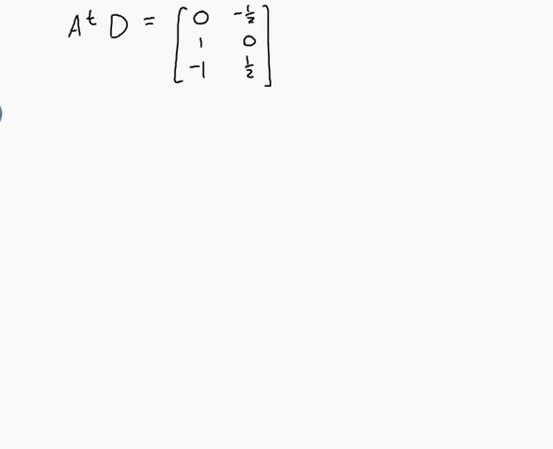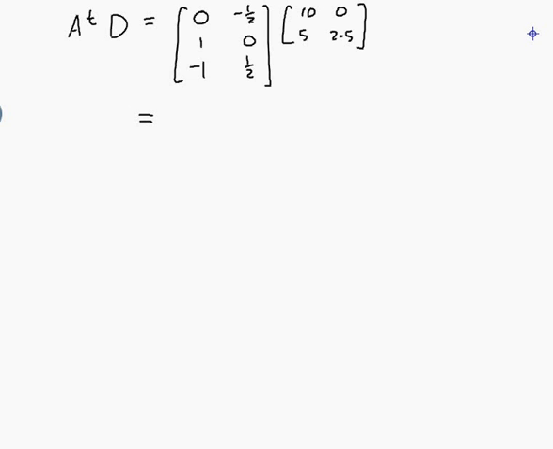So that's A transpose, and D was 10, 0, 5, 2.5. So let's just check with our shapes again. The length of the row in the first one ought to be the same as the length of the column in the second one, which it is, so it works.